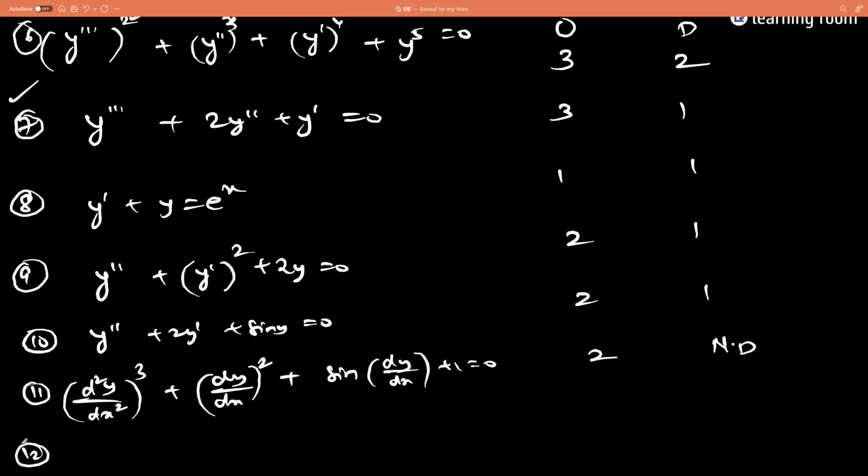Last problem. 2x square into d square y by dx square minus 3 into dy by dx plus y is equal to 0. Order. Degree. That's it. So I told you, this one is easy only, no?